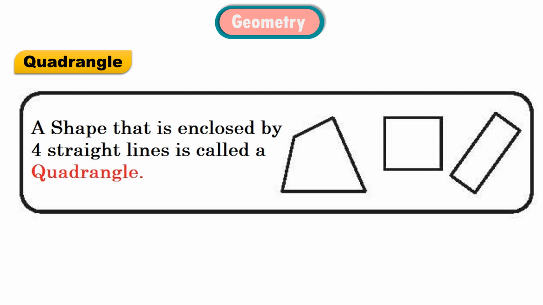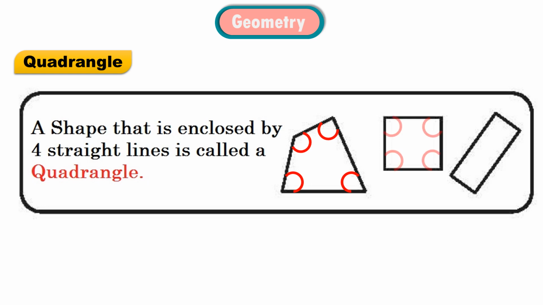Why is the name quadrangle? Quad means four. If you look at the shape on the right side, you can see that there are four angles inside that shape, like these: number 1, number 2, number 3, and number 4. That means the four different straight lines enclosed each other and created four different angles. That's why it is known as the quadrangle.